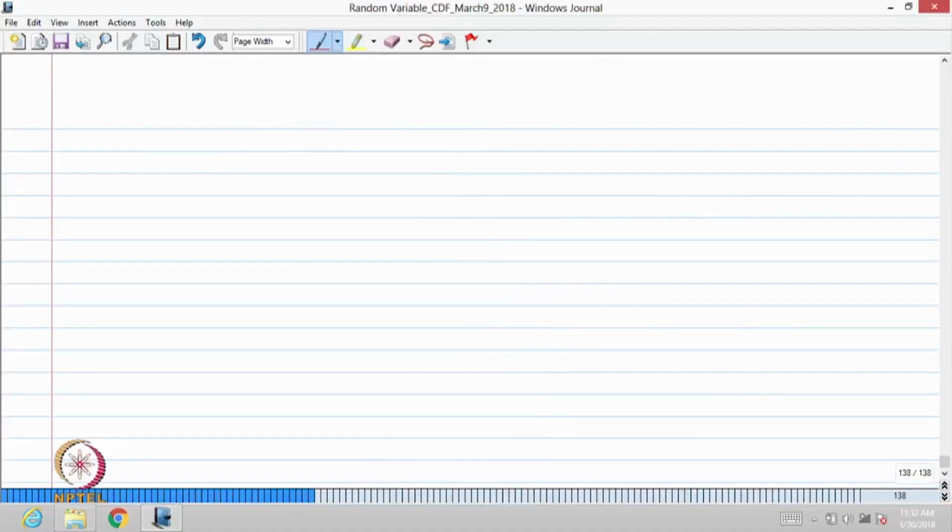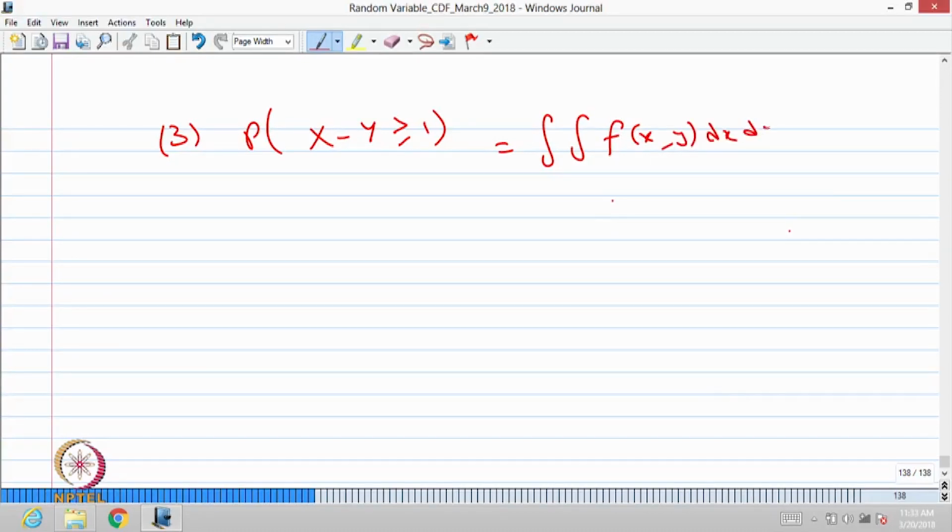The third problem, the probability of x minus y greater than or equal to 1. Again the same concept, a double integration of the joint probability density function with respect to x and y over x minus y greater than or equal to 1.